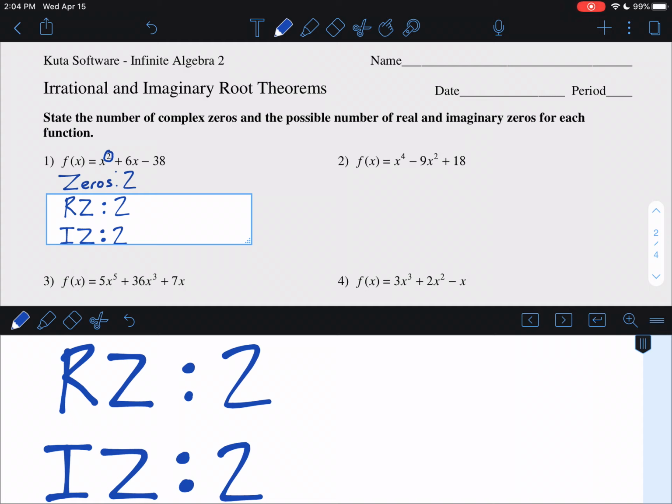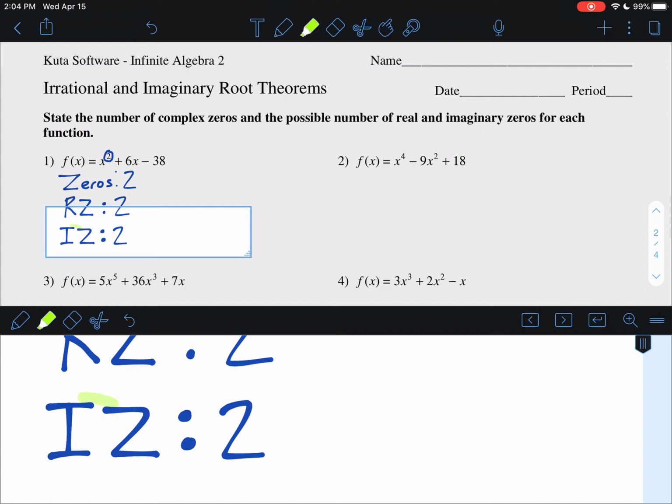Well, I can't actually have one imaginary and one real, because if you remember from last unit, the imaginary numbers always come in pairs with their complex conjugate. So the number of imaginary zeros is always an even number.